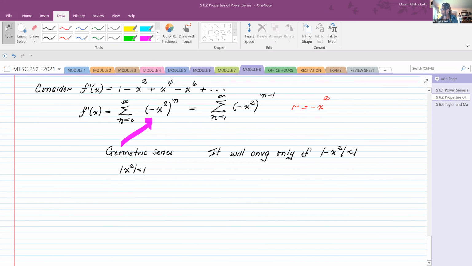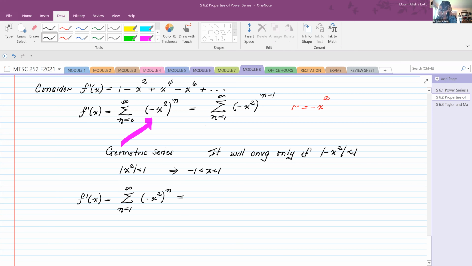Since this is a geometric series, and I'm assuming it converges for this region, that is -1 less than x less than 1, then it has a sum. So f prime, which looks like the sum of minus x squared to the n, sums to a over 1 minus r.